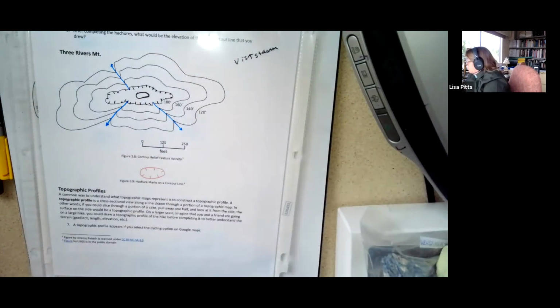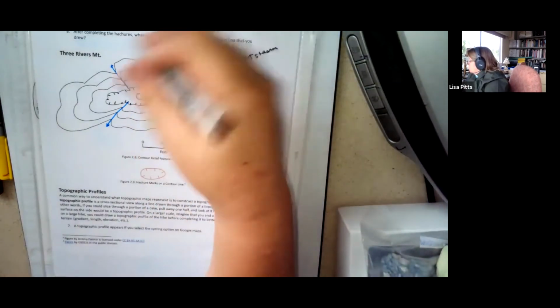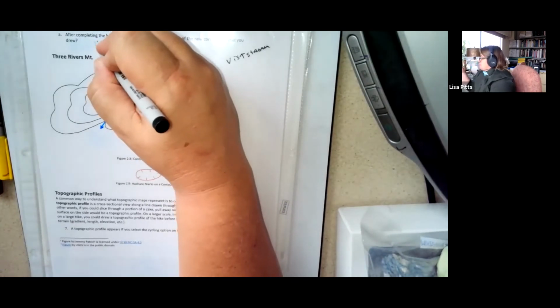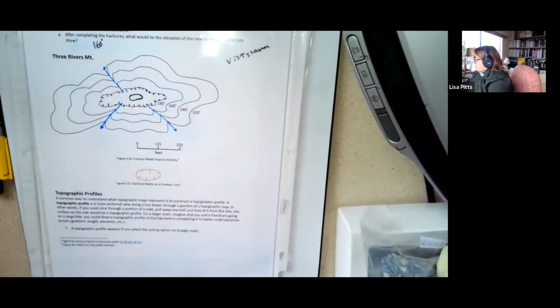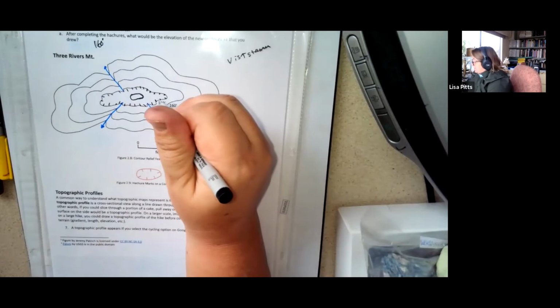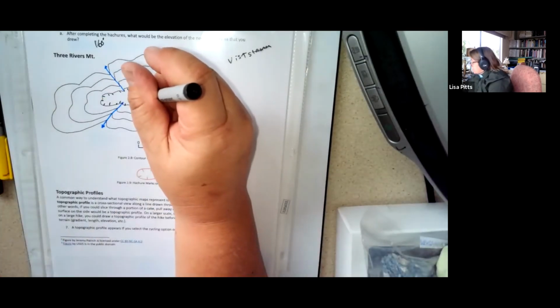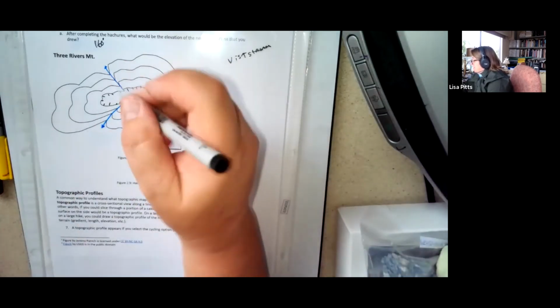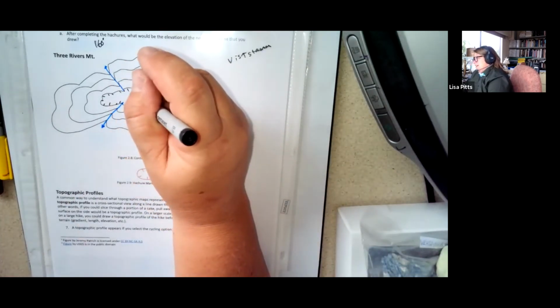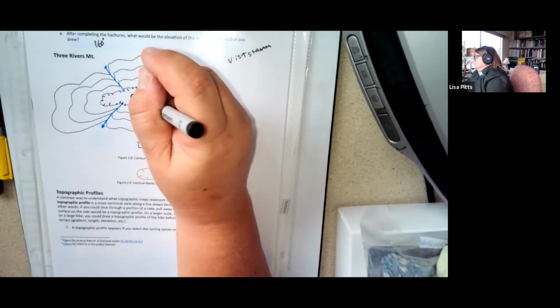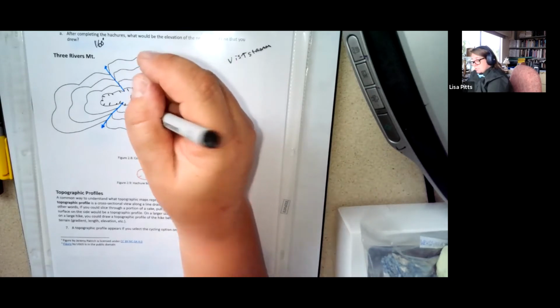We know that because this is 180 and the hachure marks say that it's going downhill. So this is going to be a lower contour versus a higher contour. If we didn't put the little hachures there, then this would have been 60 feet higher, the top of a mountain.